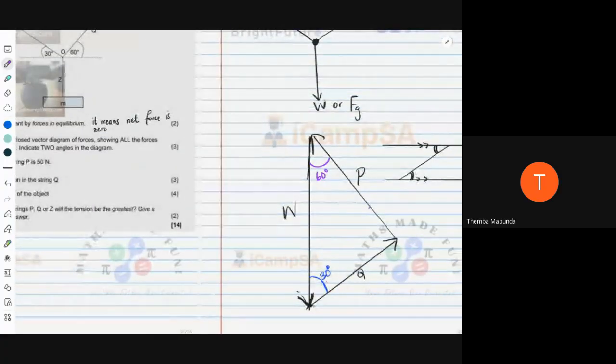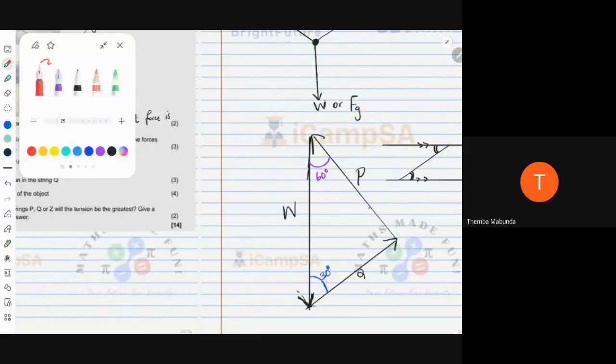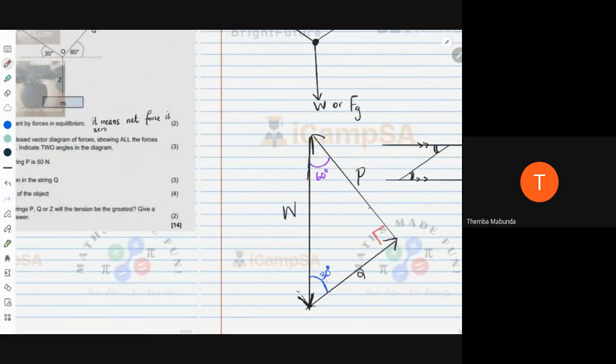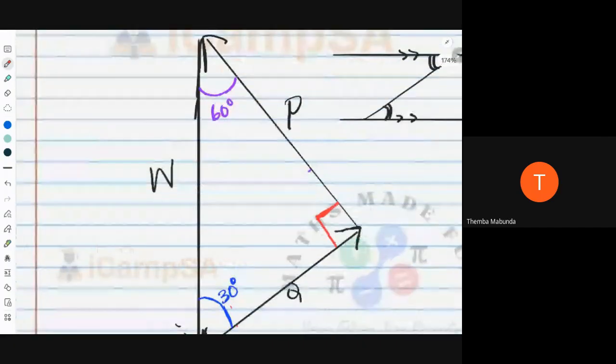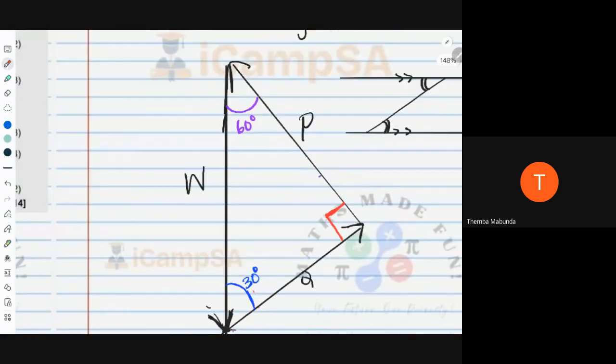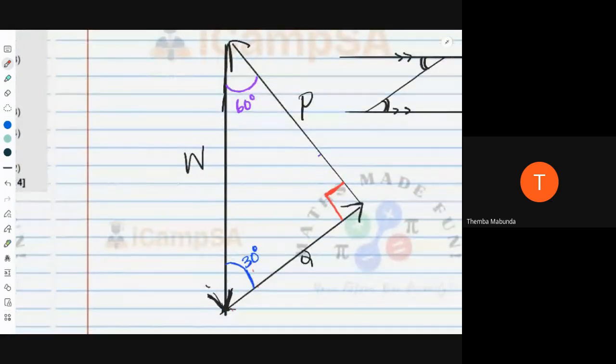Luckily for us, it's not always the case, by the way. We're just lucky that this happens to be 90 degrees, and we didn't know until we started relating this angle. But never think that this will always be a right angle triangle. In fact, most of the time it is not. In this situation, they just made our lives easier by making this 90 degrees.